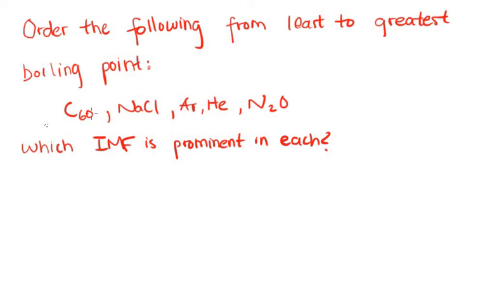So C60, Buckminsterfullerene, is an allotrope of carbon. Allotrope means a different form of carbon. So carbon has a bunch of allotropes like diamond and graphite.